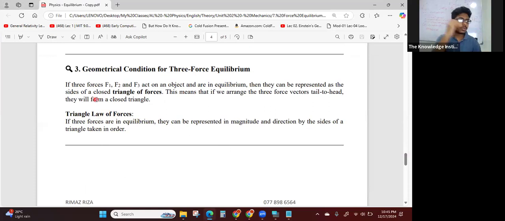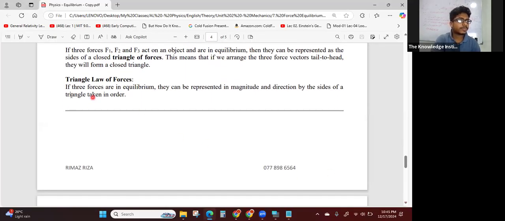The other thing is, if three forces F1, F2, F3 act on an object and are in equilibrium, then they can be represented as the sides of a closed triangle of forces. This means that if we arrange the three force vectors tail to head, they will form a closed triangle. If three forces are in equilibrium, they can be represented in magnitude and direction by the sides of a triangle taken in order.